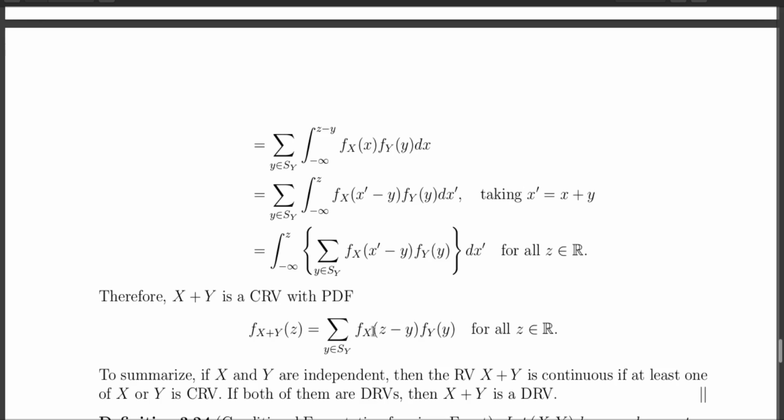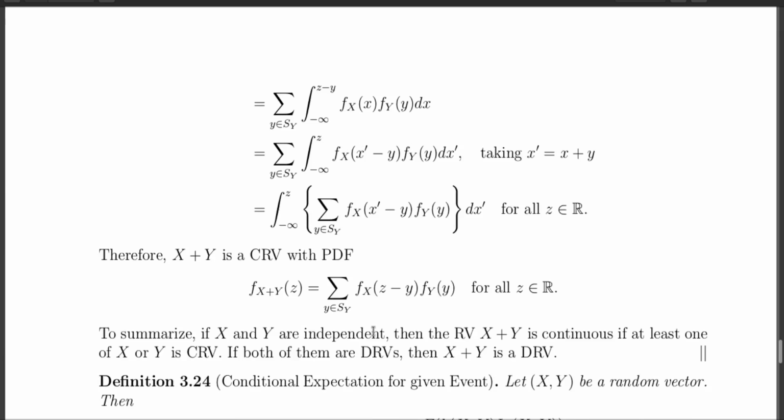If at least one of them is continuous, then X plus Y is continuous. And in all the cases we can find the probability density function or probability mass function, whatever is applicable, of X plus Y from the density or mass functions of X and Y individually.